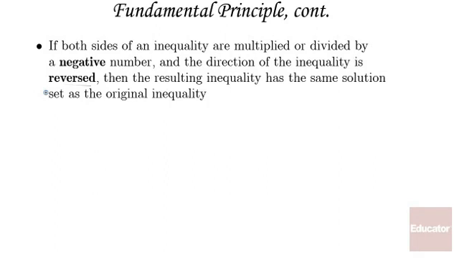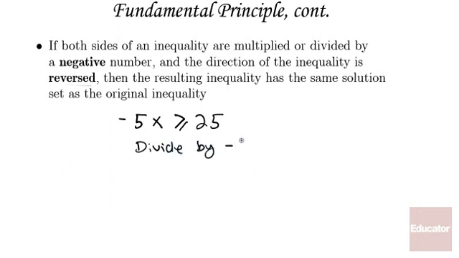Okay, for example, if I have some inequality, negative 5x is greater than or equal to 25. Now, what I want to do is isolate this x. So I need to divide by a negative 5.